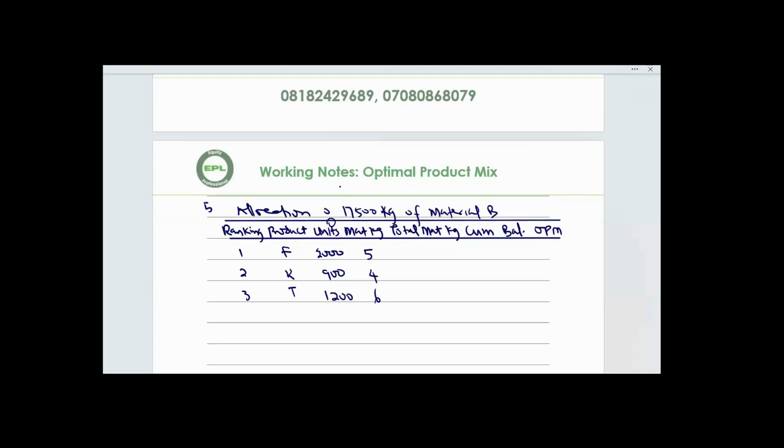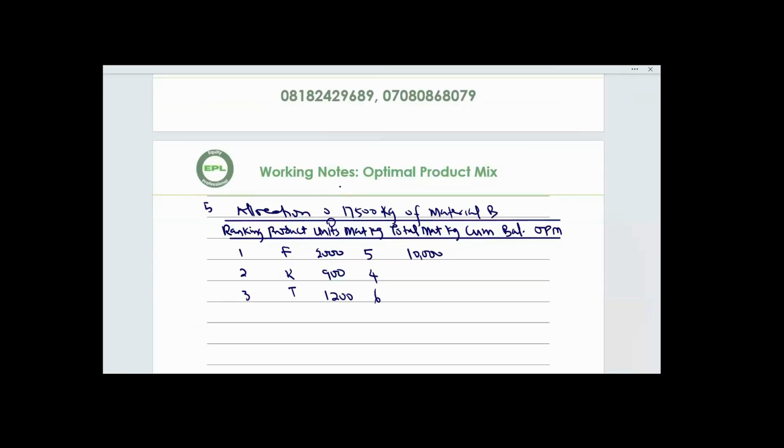We want to allocate 17,500 kilogram of material B. 2,000 multiplied by 5 will give us 10,000 kilogram. Of course, 17,500 can accommodate 10,000 kilograms. So put it down.